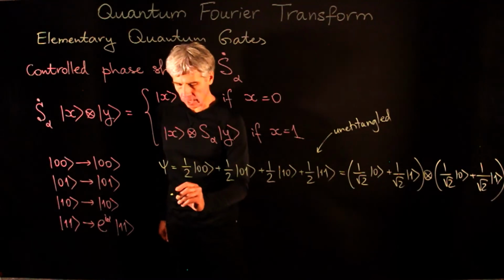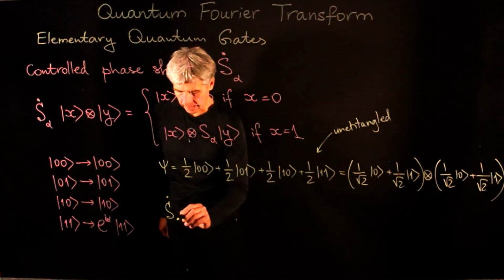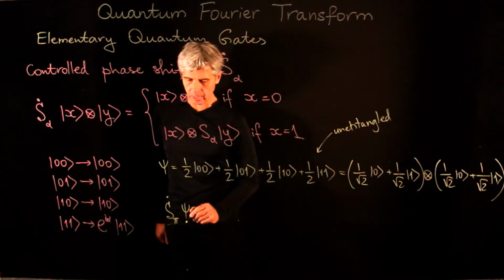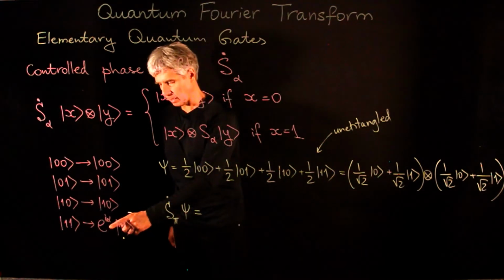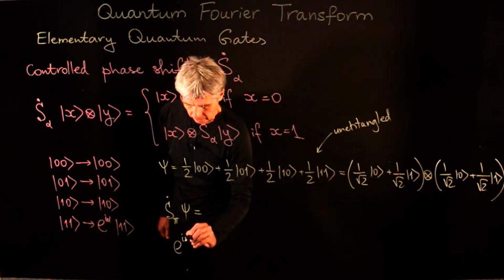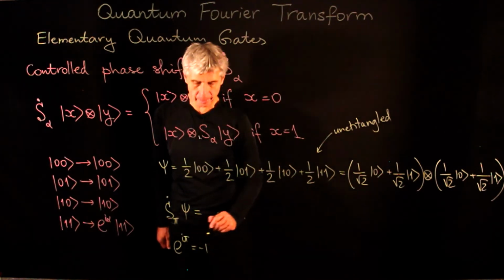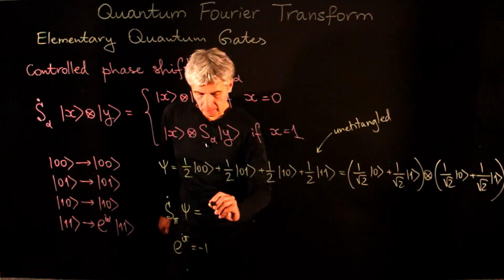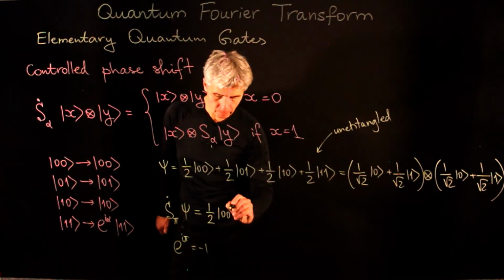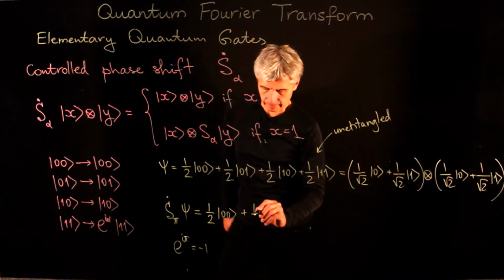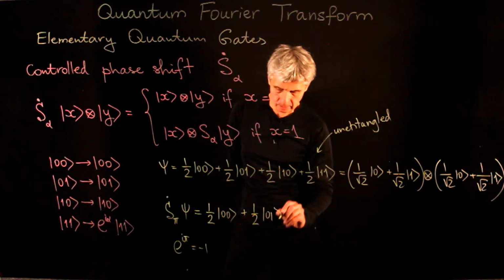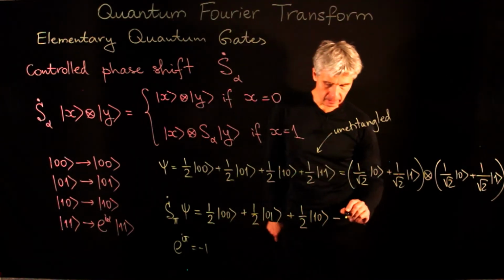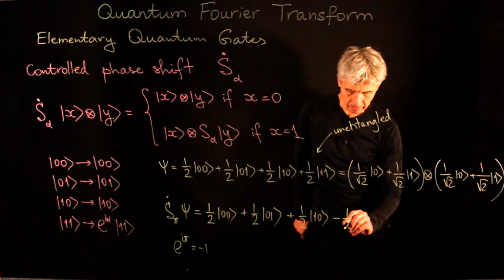But if we apply S dot pi to this state psi, then this pi will give us e to the I pi, which is equal to -1. So when we apply this controlled phase shift to the state, we're going to get 1/2 |0,0> plus 1/2 |0,1> plus 1/2 |1,0> and minus 1/2 |1,1>.